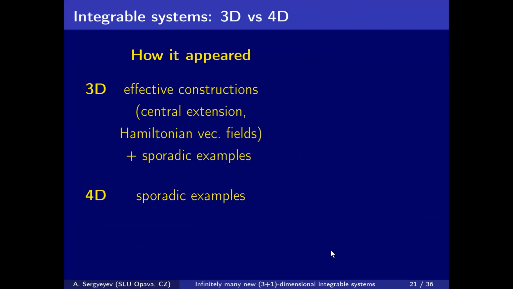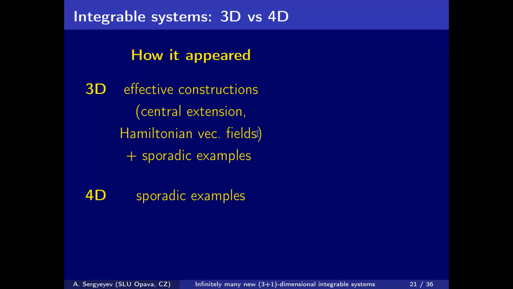Okay, so if we try to sum up, for a long time it appeared that the situation was the following: in 3D, we do have some effective constructions for integrable systems. One is the central extension. I will not go into details here, but the KP equation or the KP system is one of the examples that can be obtained within this central extension framework.